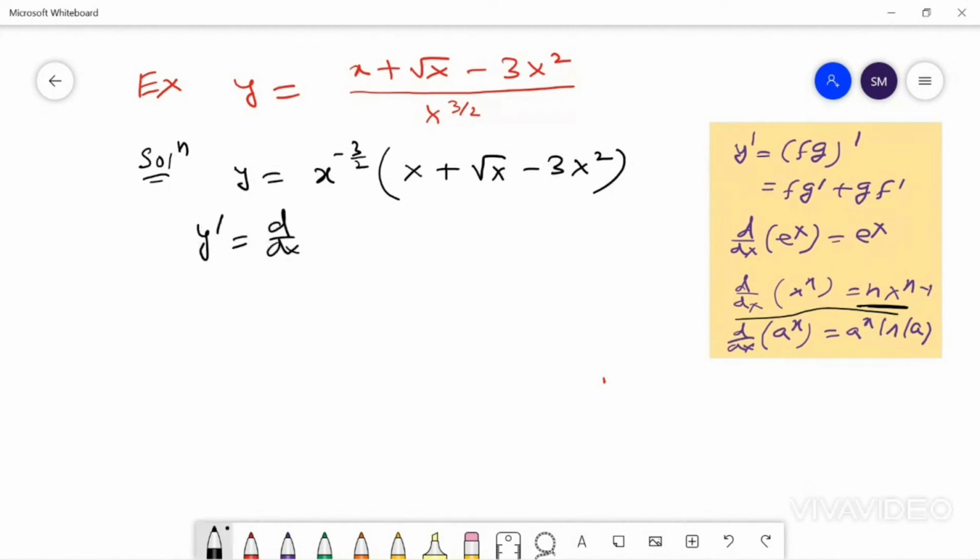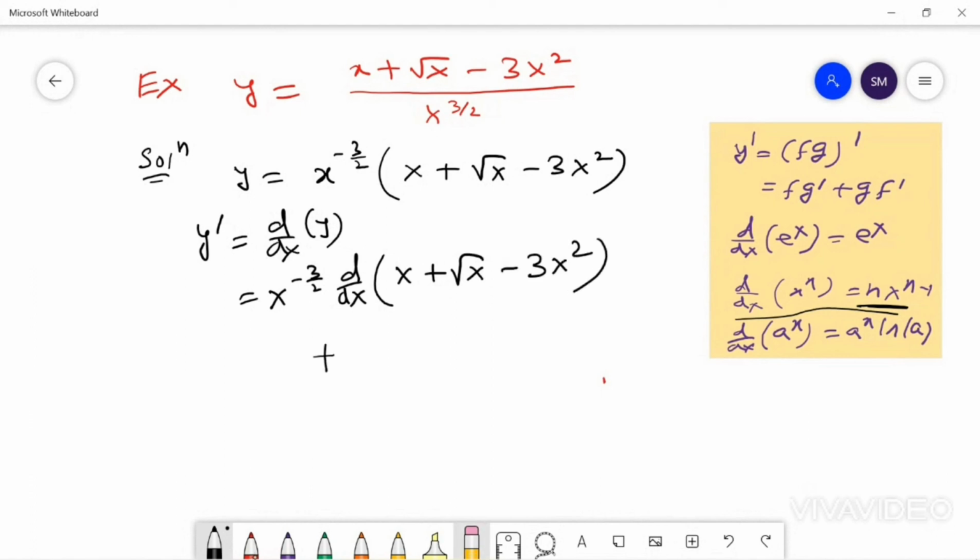So let's do it directly: x^(-3/2) times the derivative of (x + √x - 3x²), plus the derivative of x^(-3/2) multiplied with the other term.